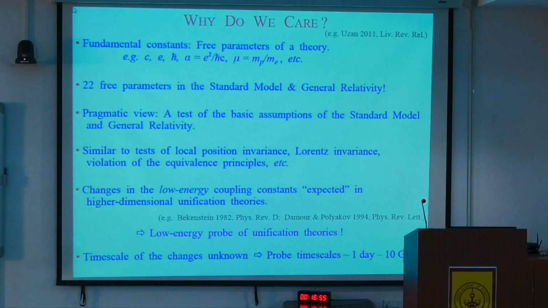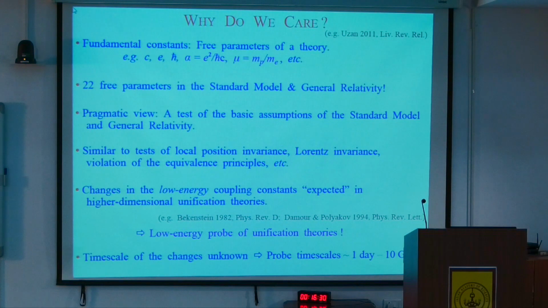So if you like, our favorite theories today are the standard model and GR. And you can quantify our ignorance about the universe by stating the fact that there are 22 free parameters in the standard model and GR. We have no idea why these parameters have the values that they have. But more critically, we have no idea, beyond assumptions, whether these parameters are indeed constant. These are assumptions in the standard model and relativity.